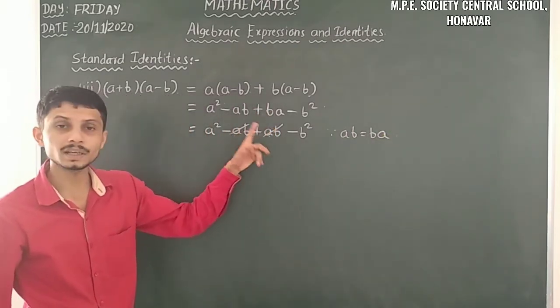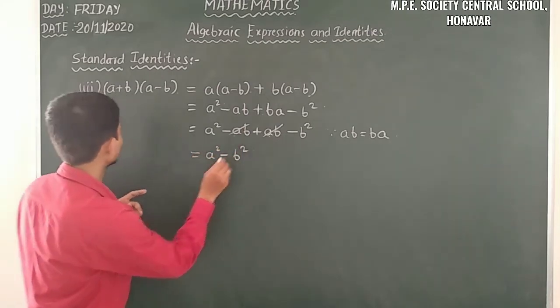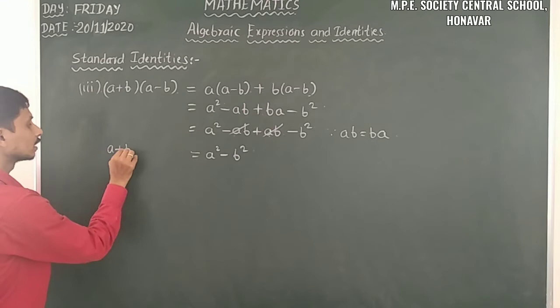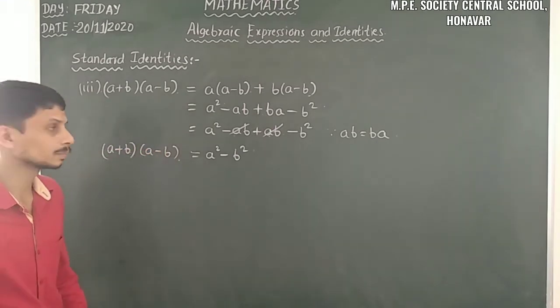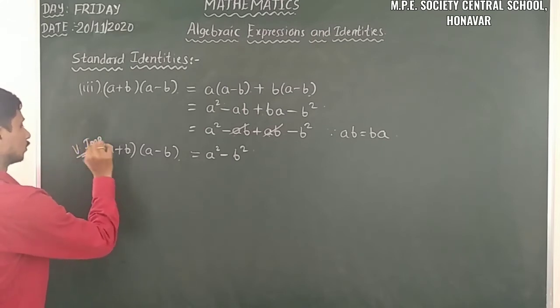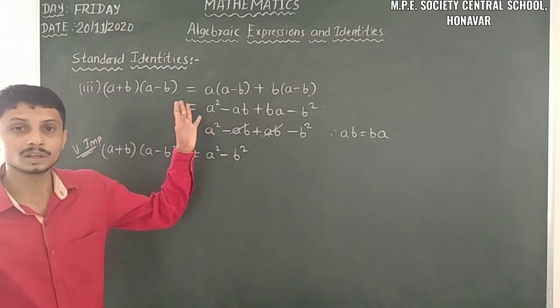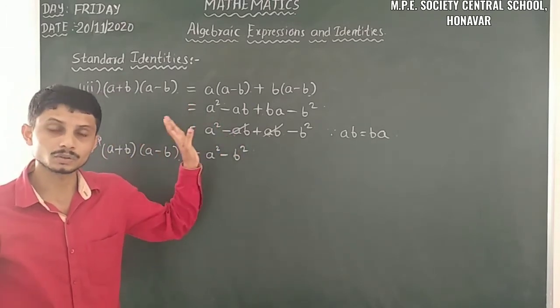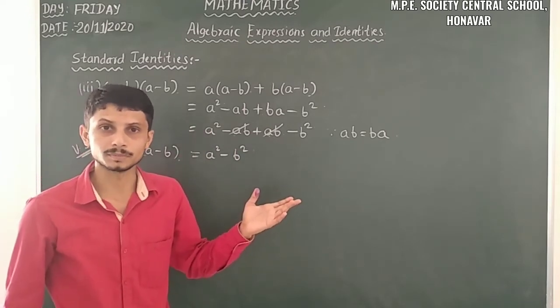Minus ab plus ba is cancelled out, so then we get a square minus b square, that is (a plus b) into (a minus b) is equal to a square minus b square. It is also a very important standard identity. So based on this we have many problems.